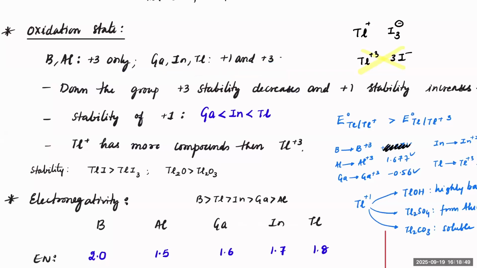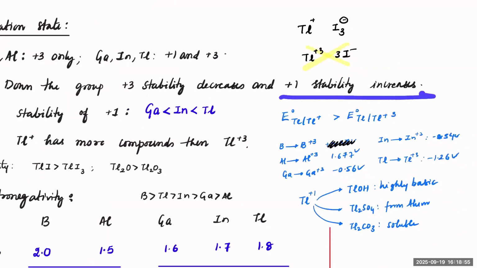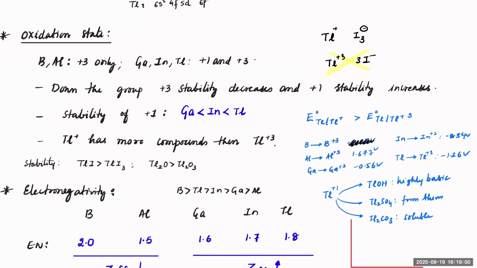Gallium, indium, and thallium exhibit both +1 and +3. +3 stability decreases down the group, and +1 stability increases down the group. You can clearly see that thallium is greater than indium, greater than gallium. And thallium +1 has more compounds than thallium +3.